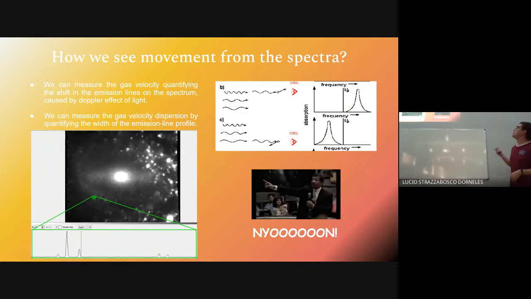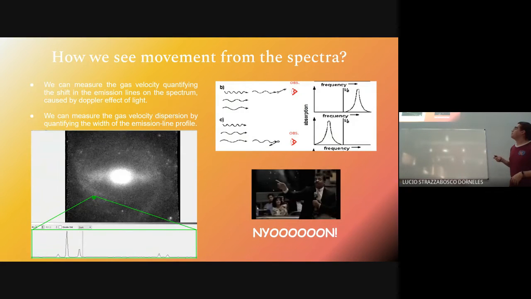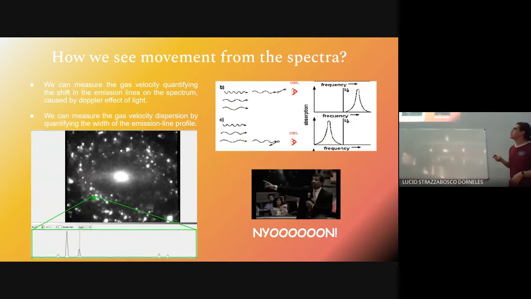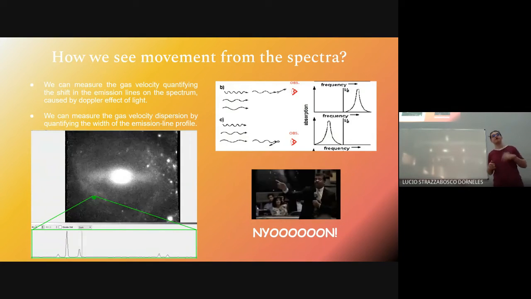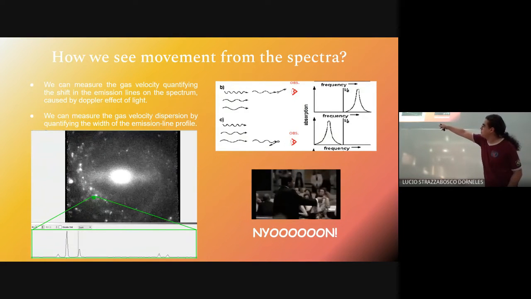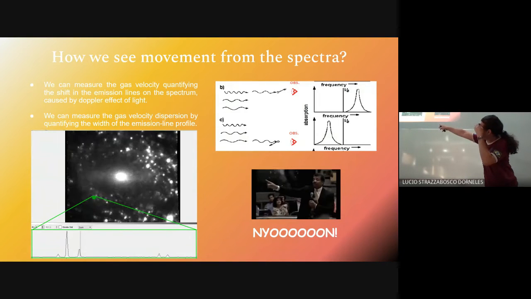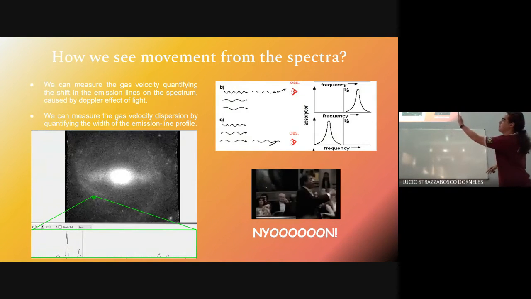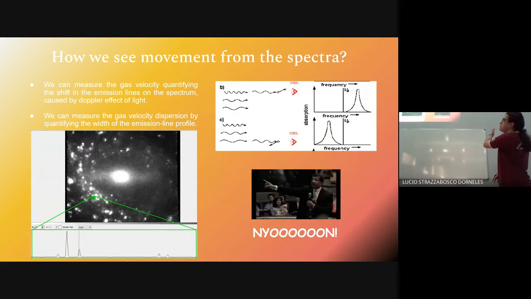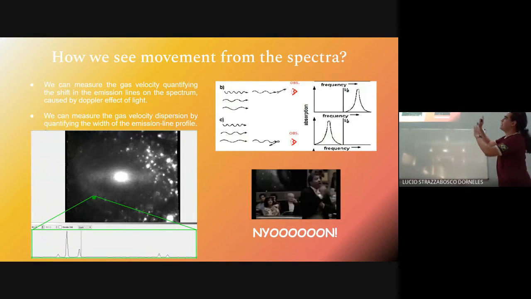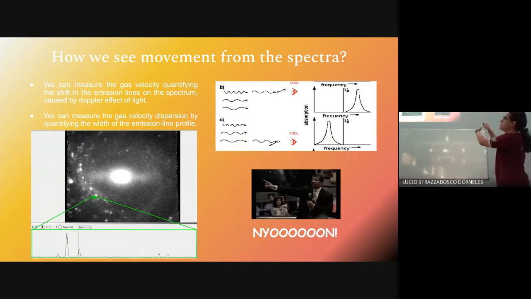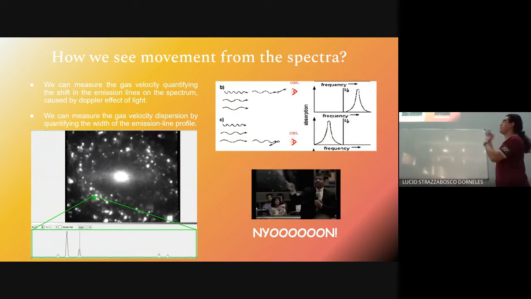So here we have a visual representation of the gas at different velocities when we observe a galaxy. As you can see in the bottom spectra, when we pass through the slices of the data cube at different wavelengths, we can see on the left the gas that is approaching us, and on the right the gas that is going away from us.